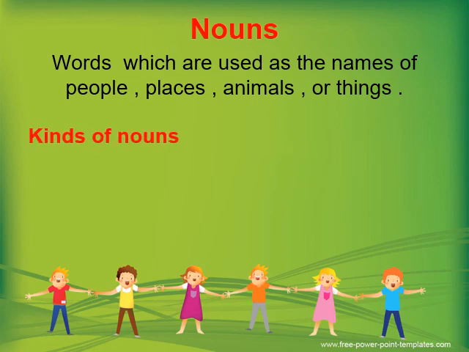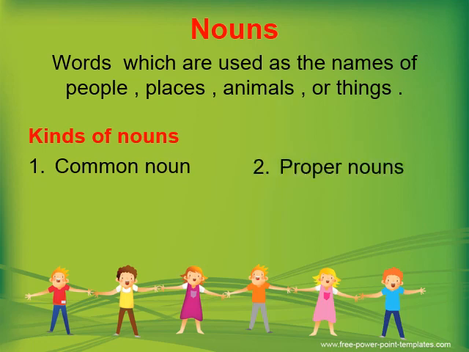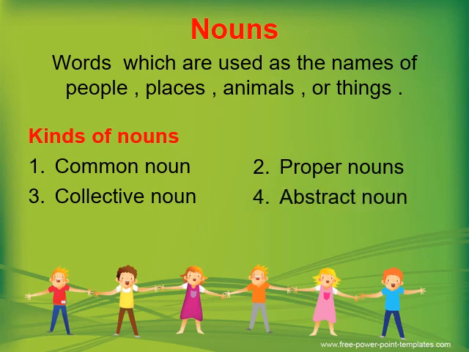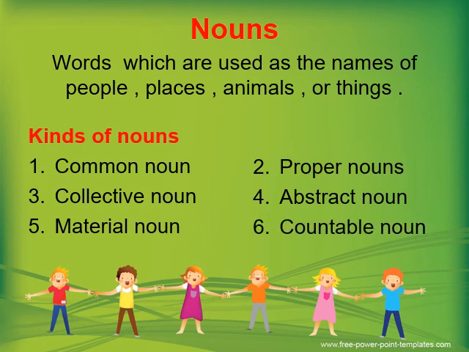Different kinds of nouns are: first, common nouns; second, proper nouns; third, collective nouns; fourth, abstract nouns; fifth, material nouns; sixth, countable nouns; and the last one, uncountable nouns.